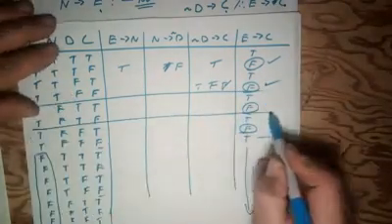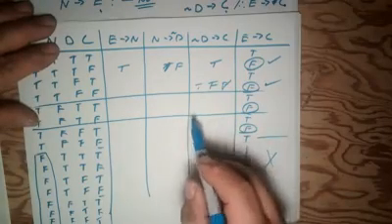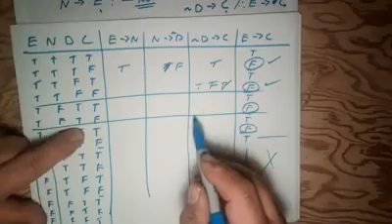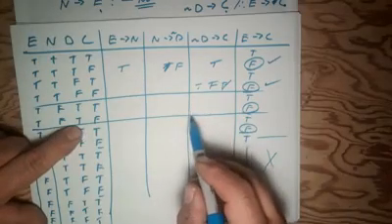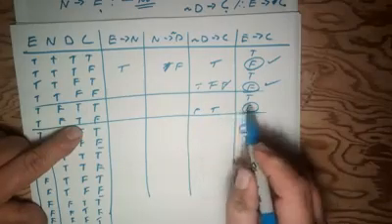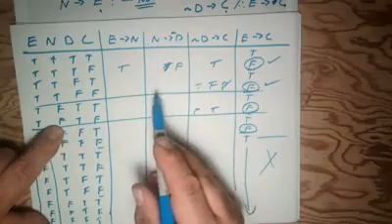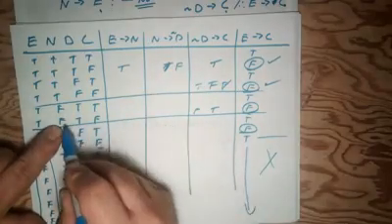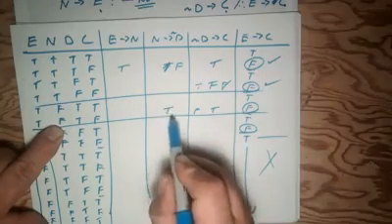On row 6, D, not D is false. So that's going to be true. N, then not D, false. So the antecedent is false. You pretty much default to true there.